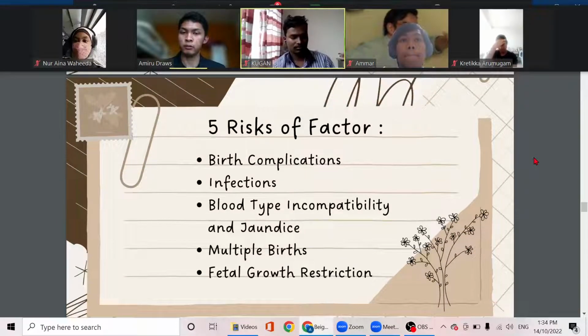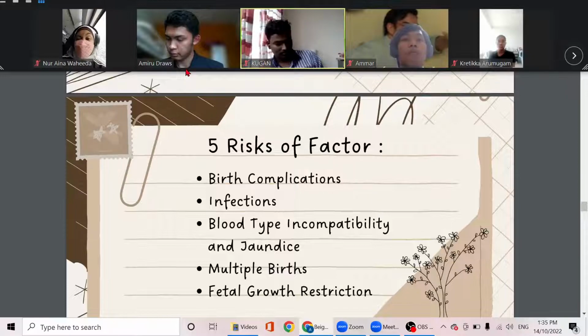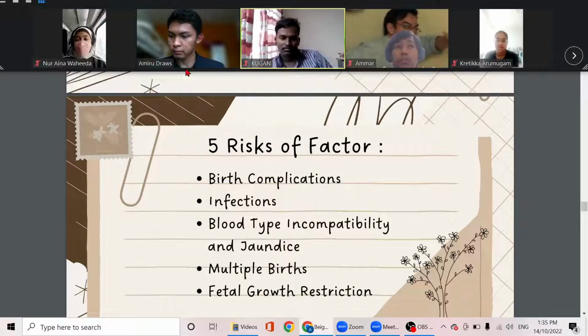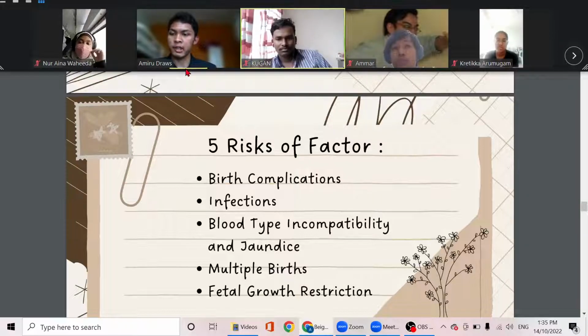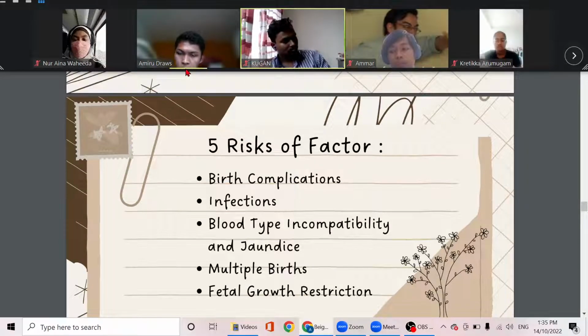The first, birth complications. One of the reasons for birth complications is, of course, a head injury, such as damage to the brain during birth.